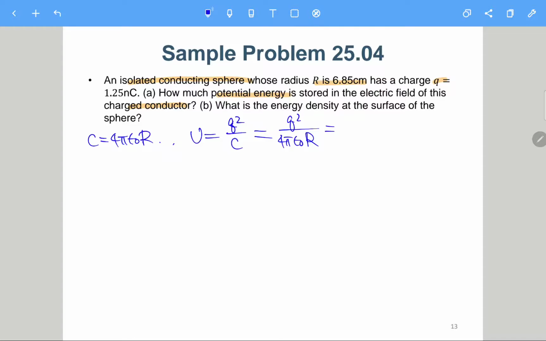So we have 1 over 4 pi epsilon naught, which is 8.99 times 10 to the 9th, and then Q squared is 1.25 times 10 to the minus 9 quantity squared, and then R is 6.85 centimeters, which is 0.0685.